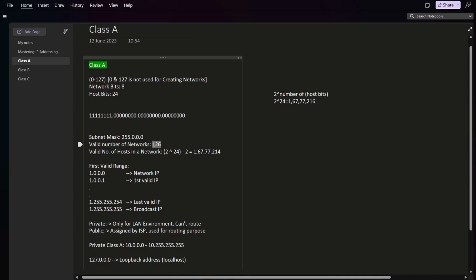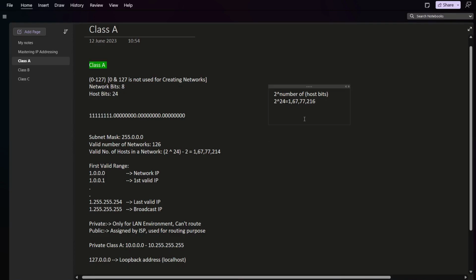Now, how have I calculated this? Here we have only one octet, and we have a range from 0 to 127. So we can only have the network from this range, because we only have one octet for this.